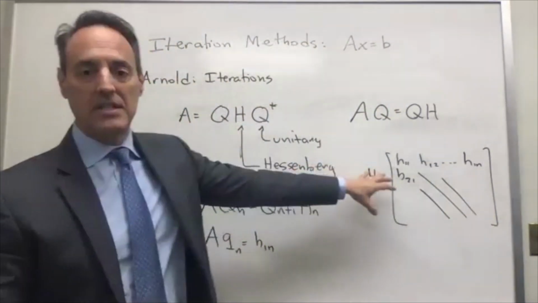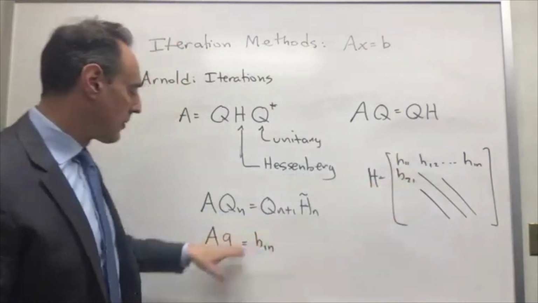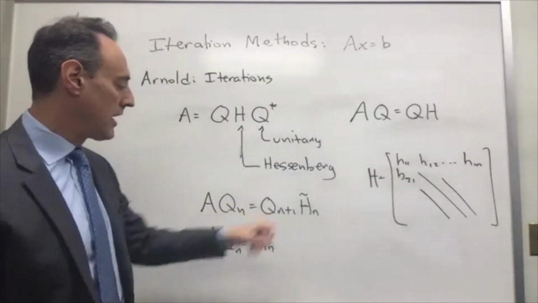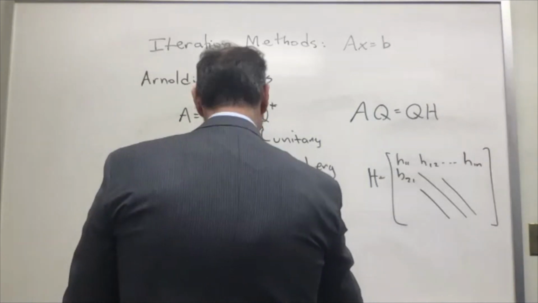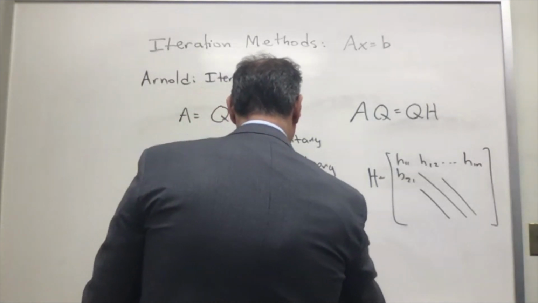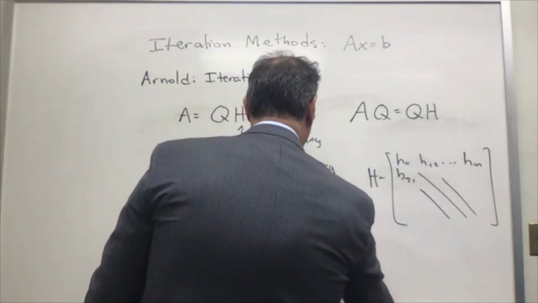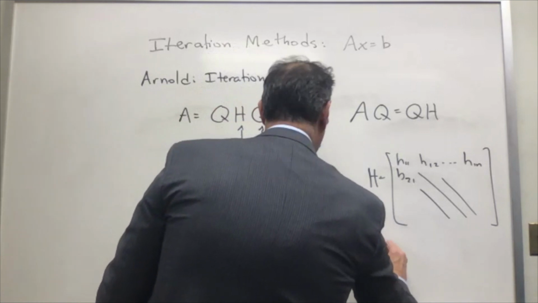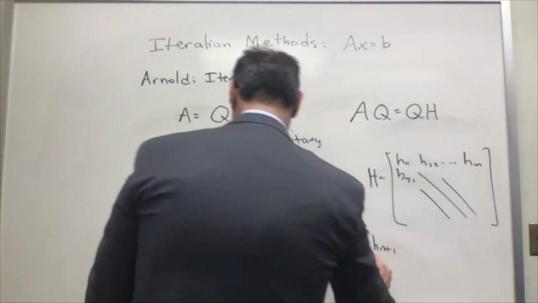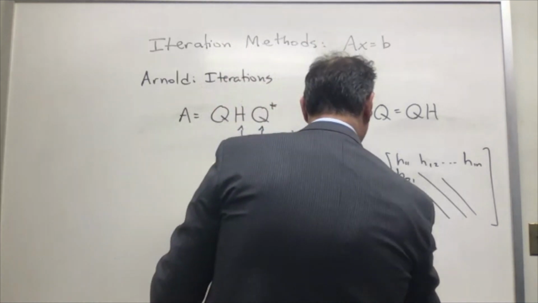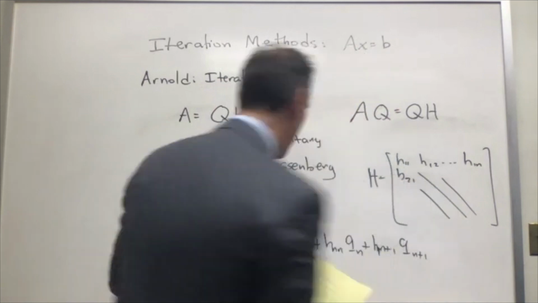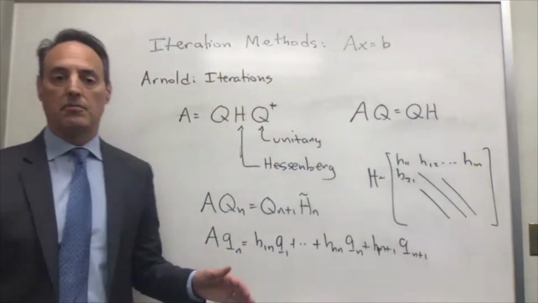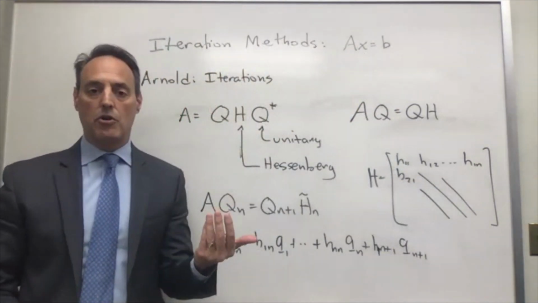But because it has this form, it creates a recursion relationship between Q of n and Q of n plus 1, which is H1n Q of 1 plus all the way to Hnn Q of n plus H(n+1)n Q of n plus 1. And this is a really important recursion formula. It's the basis of these Arnoldi iterations.